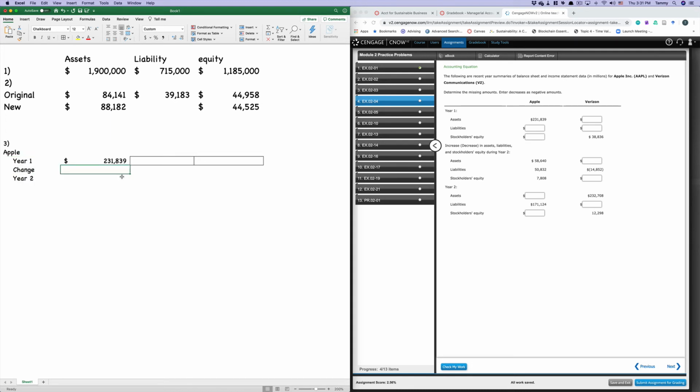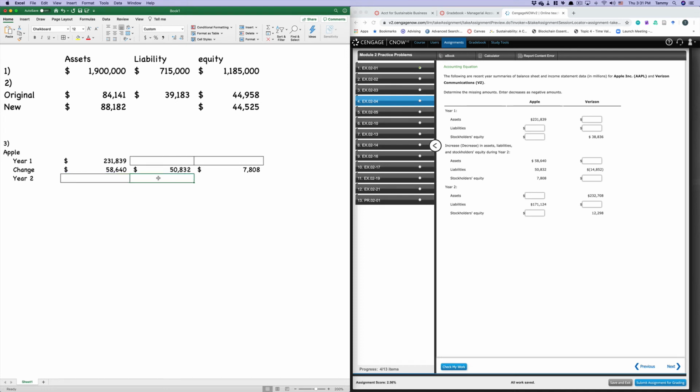The change in assets was 58,640. The change in liabilities was 50,832, and the change in equity was 7,808. We are also told we don't know what our assets were in year 2.